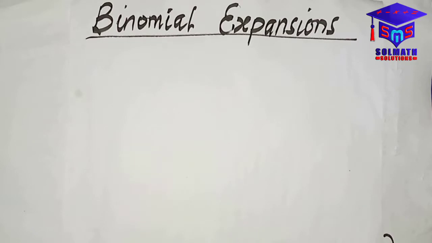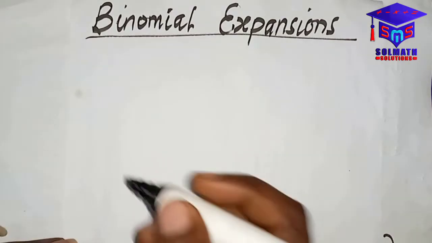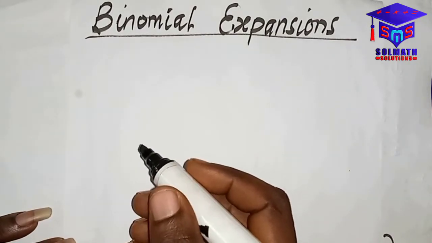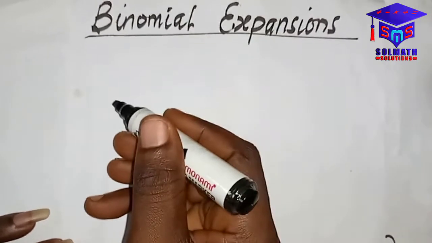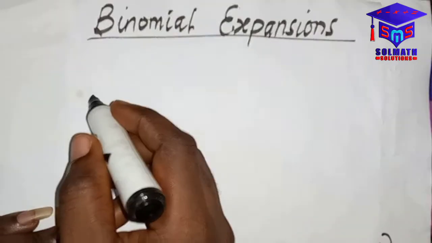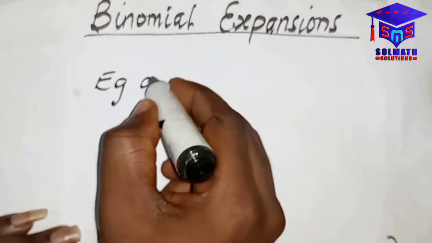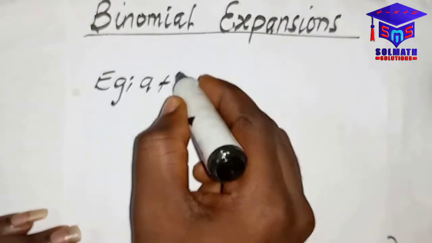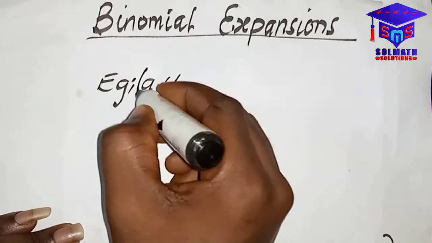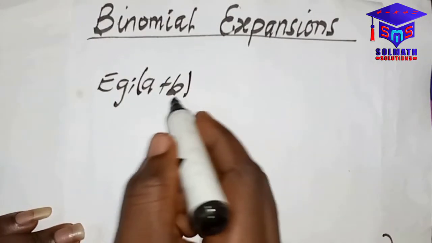We know binomials, right? Two terms in an expression that are separated or connected by addition or subtraction. For example, if you have a plus b, this is a binomial.